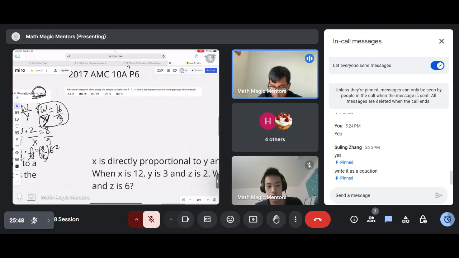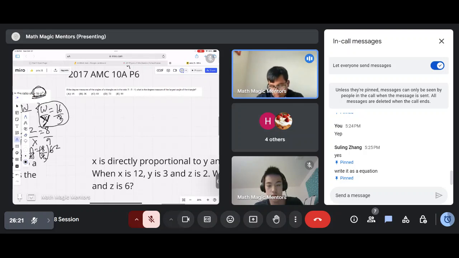So we'll just do this last problem over here, and then we'll hand it over to Daniel. This last problem says that if the degree measures of the angles of a triangle are in the ratio 3 to 3 to 4, what is the degree measure of the largest angle of the triangle?